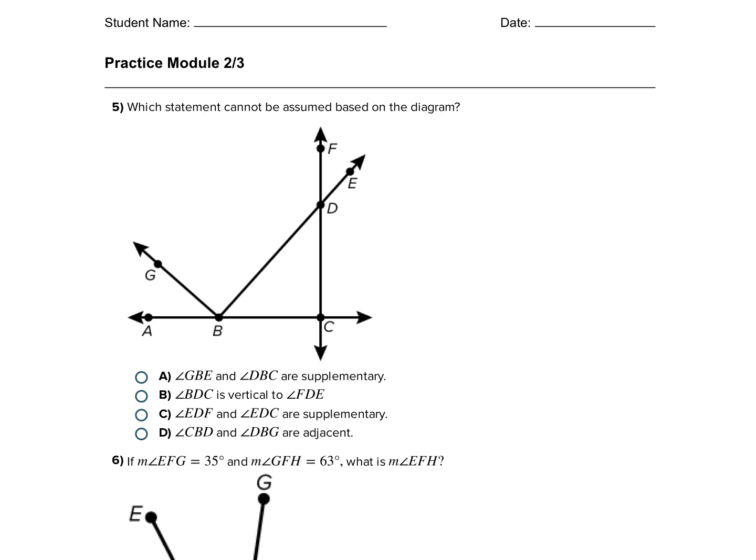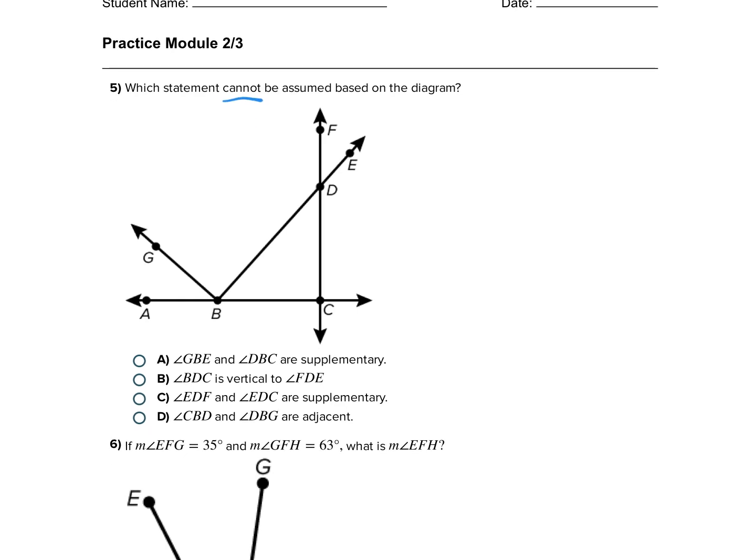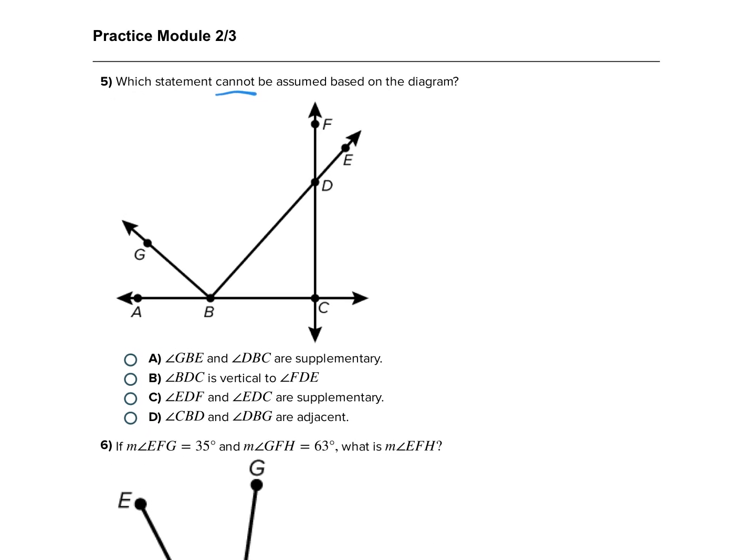Question 5 asks us which statement cannot be assumed by the diagram. Okay, so anytime we have a question like this, we want to go through each choice and eliminate anything that is incorrect. So let me start with A. We have GBE.